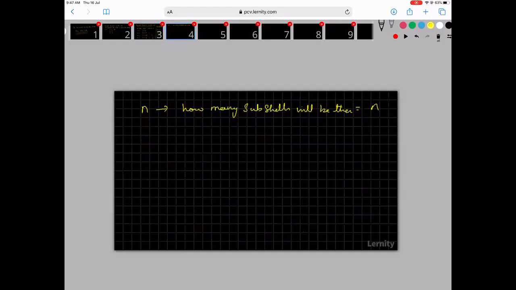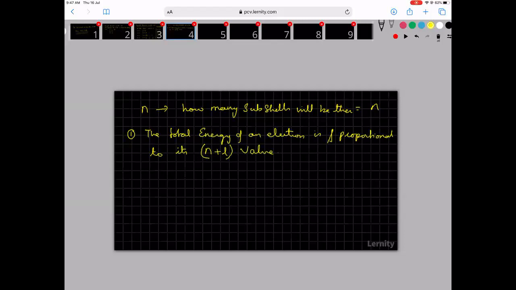Then we will make one small point here that the total energy of an electron is proportional to its N plus L value. Bohr gave us only the N value.